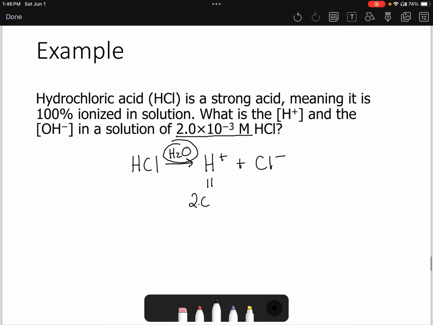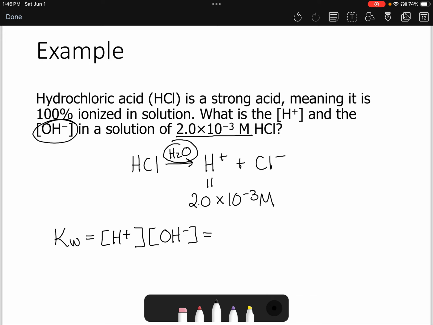So that should be 2 times 10 to the negative 3 moles per liter. All right. So how do we figure out the concentration of OH minus? Well, we could use the ion product of water. We know that this should always equal 1 times 10 to the negative 14th.